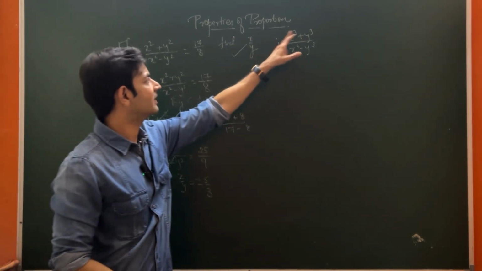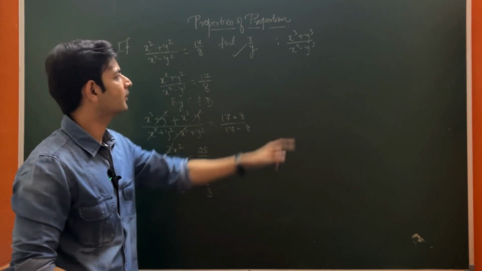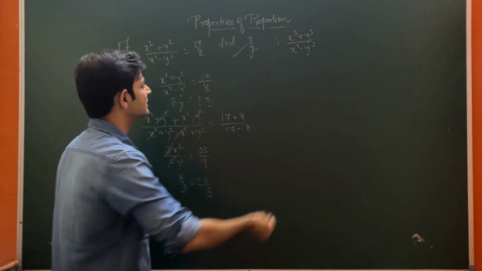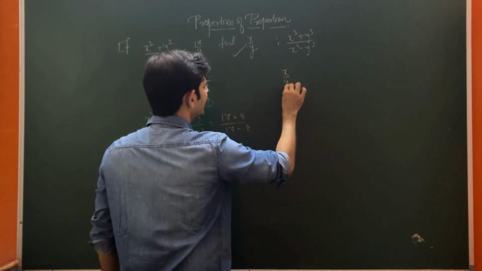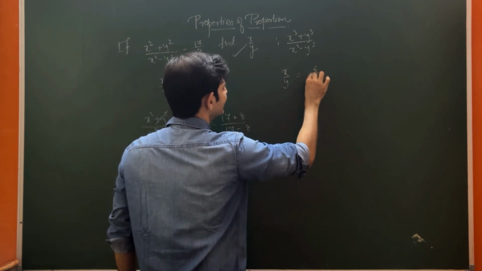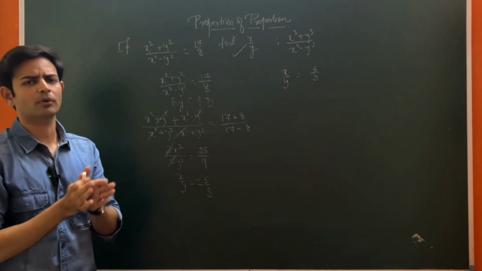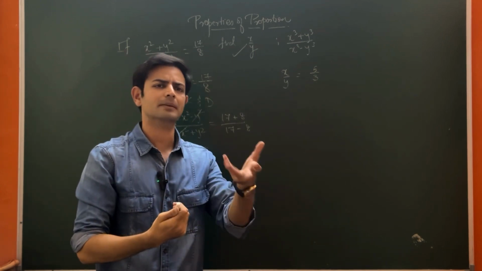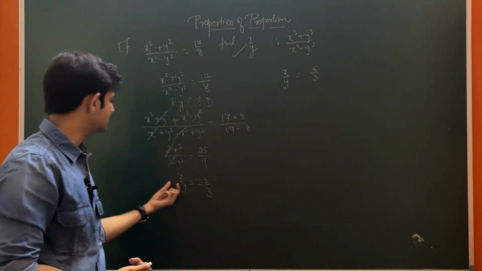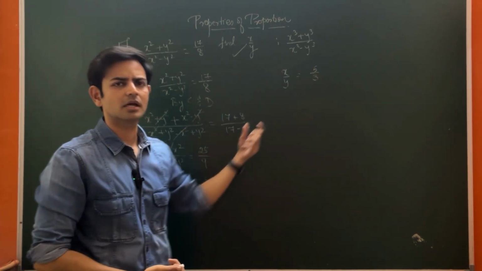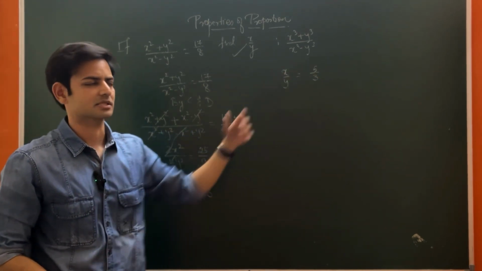Now we are supposed to find the value of (x³+y³)/(x³-y³). So we'll simply take it here. x/y = 5/3. Right now I am considering the positive case only, but in the end you can always apply plus or minus, because if we take the plus, we will have the plus answer. When we take minus, we will have the minus answer.